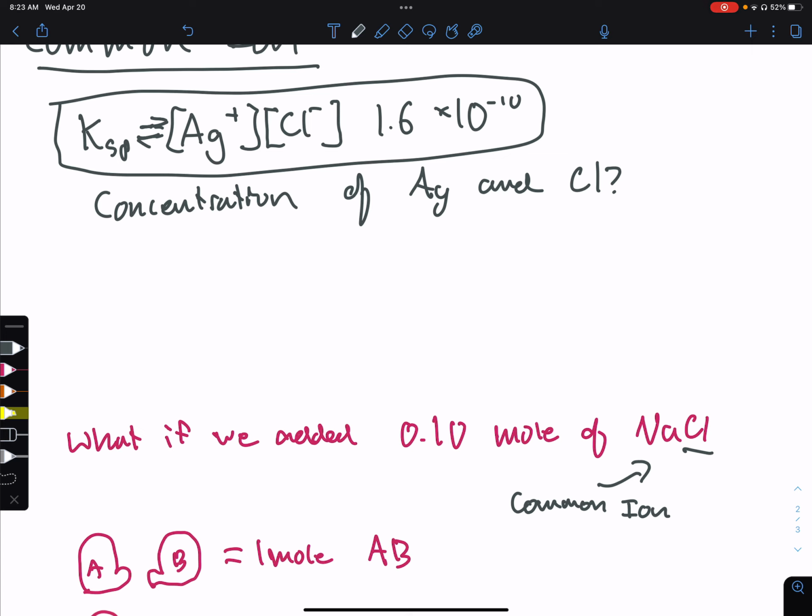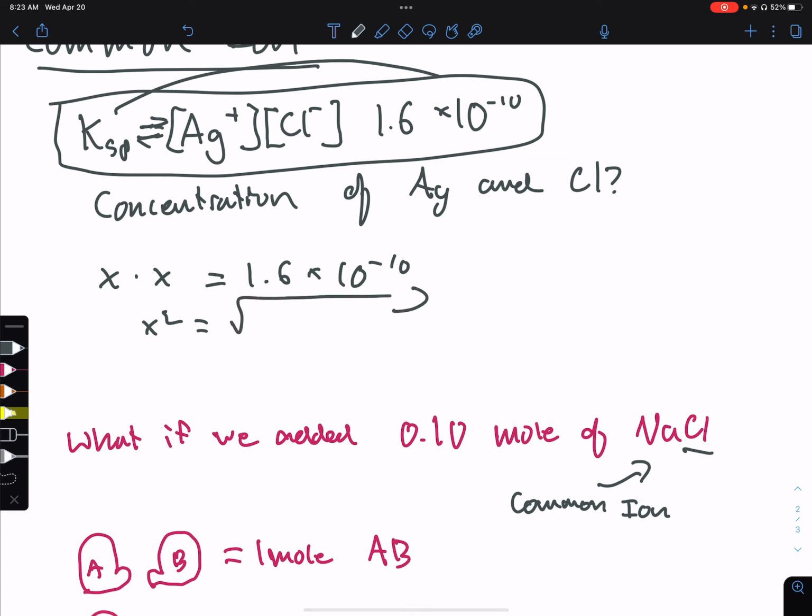I don't see any squared things going on here, so it's just going to be x times x is equal to our Ksp, which is just 1.6 times 10 to the negative 10. This is just going to be x squared equal to this. So all we need to do is take the square root of this.